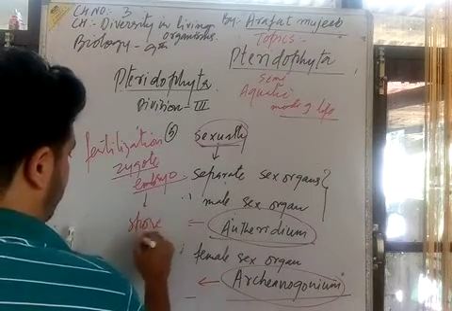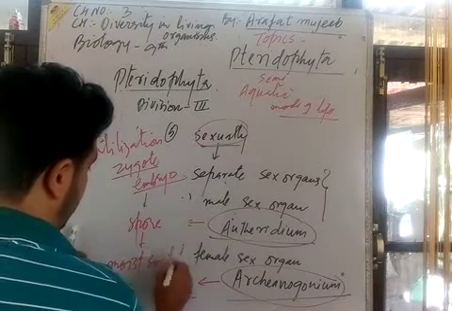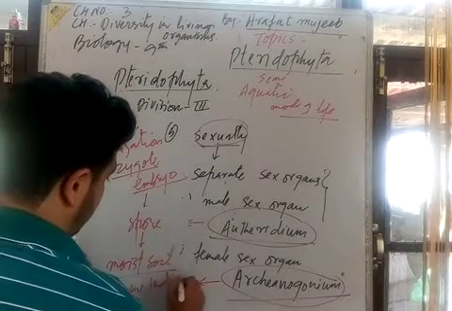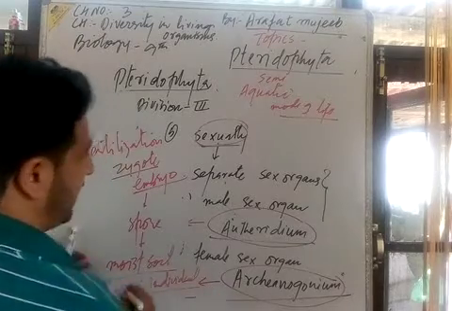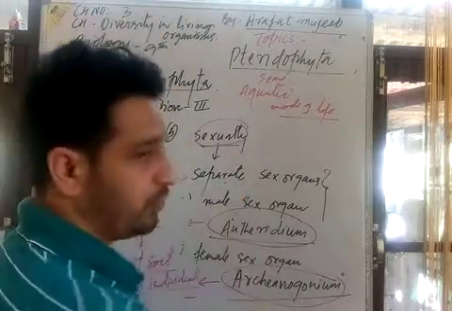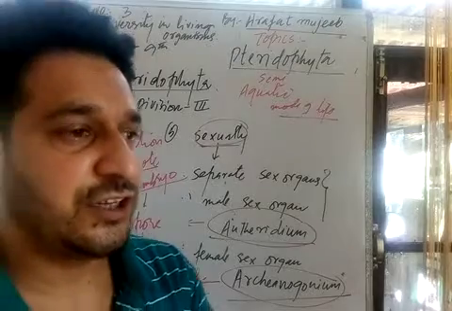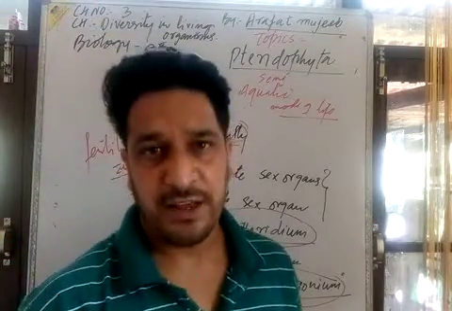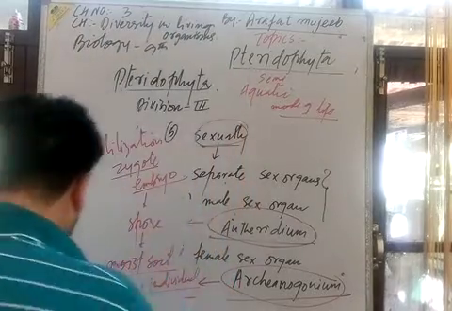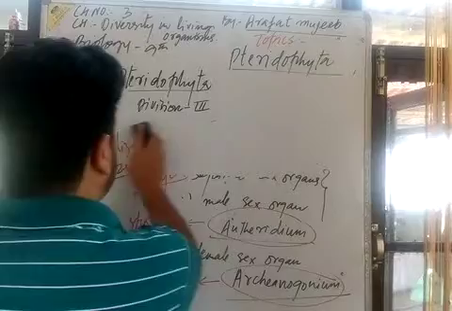That spore, when it falls onto moist soil, जब ये moist soil पे गिरता है, एक न्यू इंडिविजुअल बनता है. Therefore, dear students, they also reproduce sexually. When the egg is fertilized, there is zygote formation, then formation of embryo.